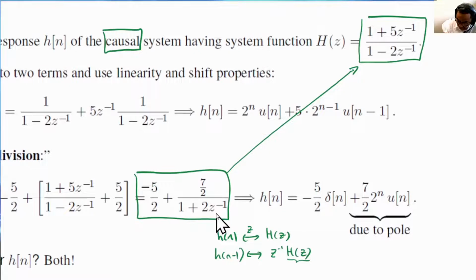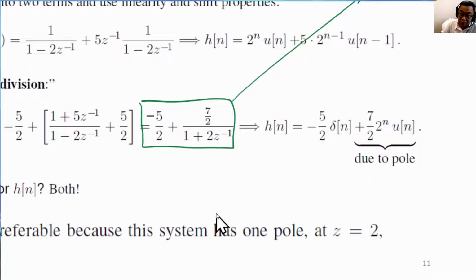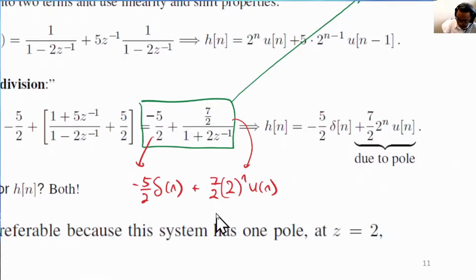Now, if you have done it this way, then of course you can perform the Z transform for each of these expressions. So minus 5 over 2 becomes minus 5 over 2 delta[n]. And this one is plus 7 over 2, 2 to the power n u[n].